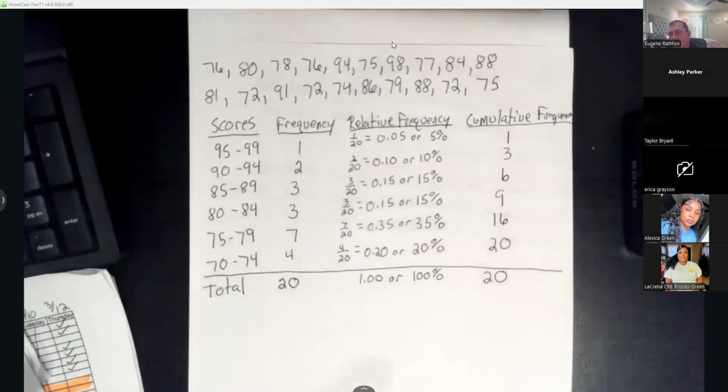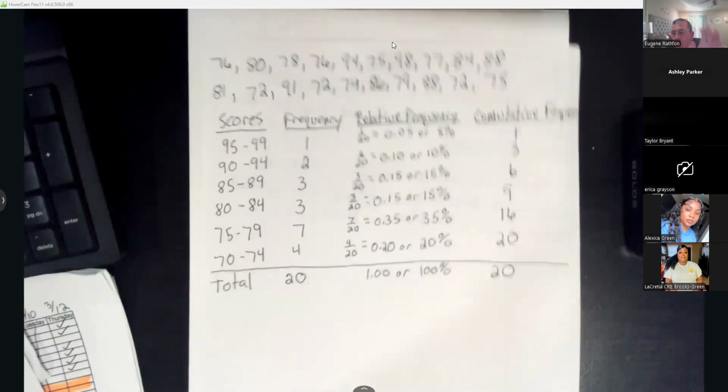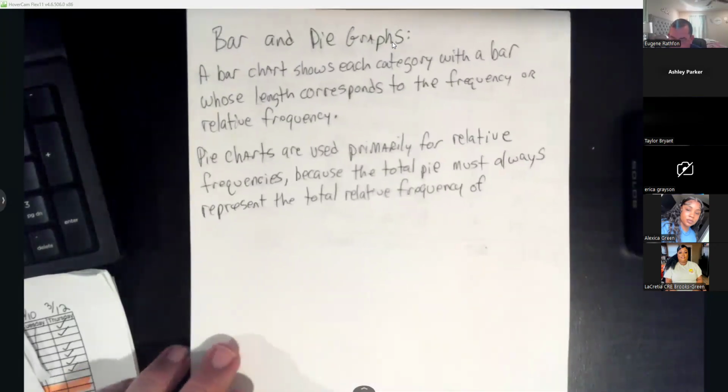So your pie has to cover that whole 100%, okay?